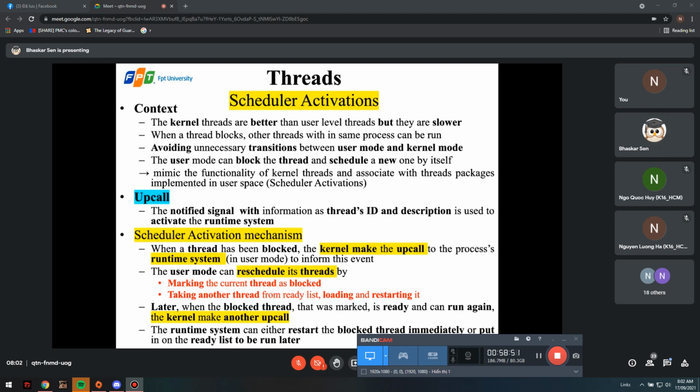when it comes to the kernel passing the information back to the user mode, then naturally it will have to use a mechanism.